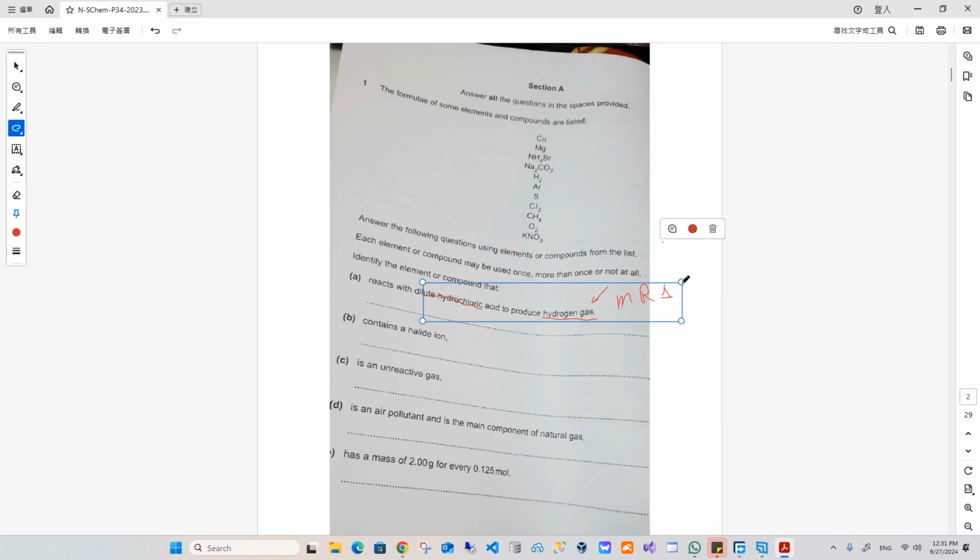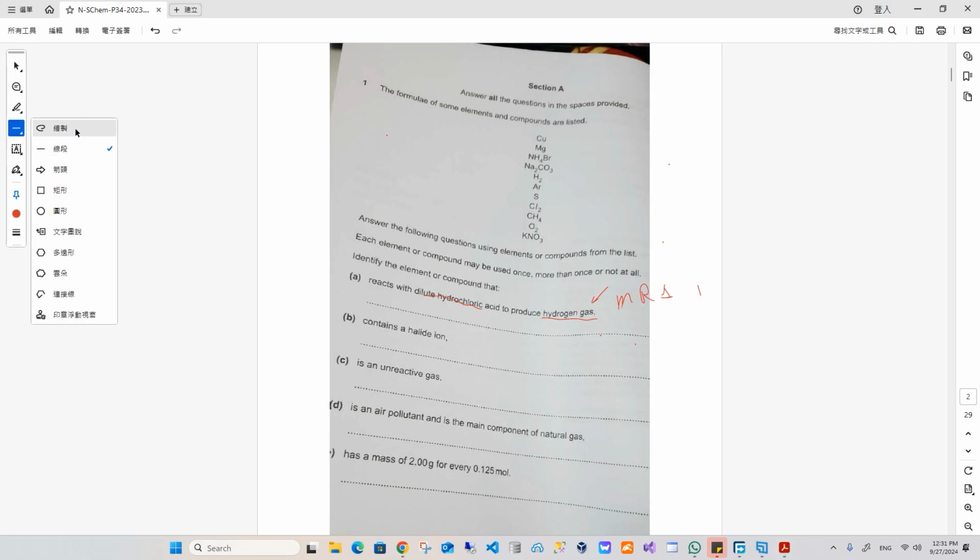The metal reactivity series tells you that anything above hydrogen will react with acid, and anything below hydrogen will not react with acids. So you have the above and below ones.